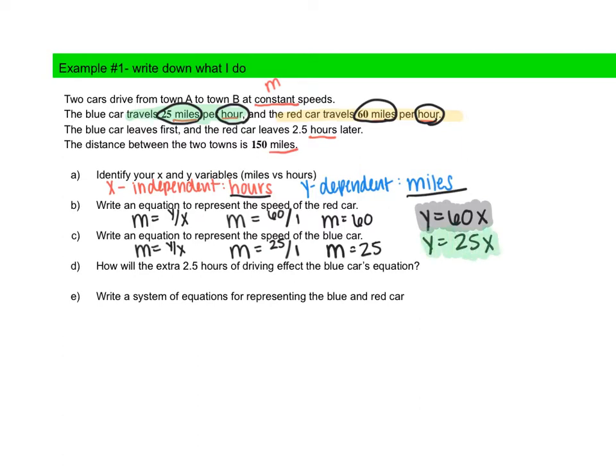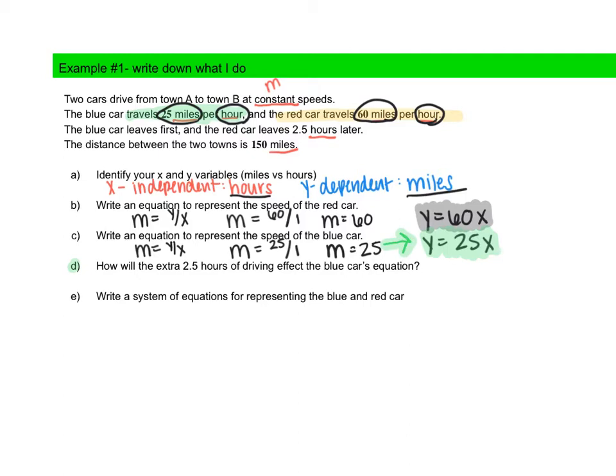And again, this is pretty much just what we've been doing over the last couple of weeks. This is where our new learning comes in, part D. How will the extra 2.5 hours of driving affect the blue car's equation? Our blue car drives for an extra 2.5 hours because it leaves 2.5 hours before the red car.